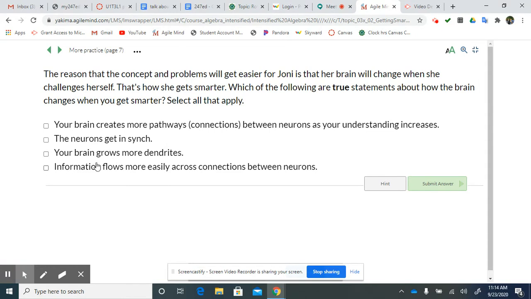Your brain grows more dendrites. Information flows more easily across connections between neurons. So for number 7, that's right. All right, for number 7, let's just write all are true.